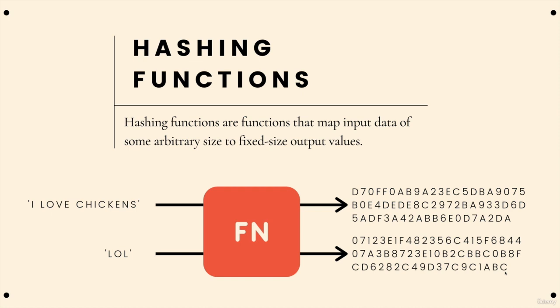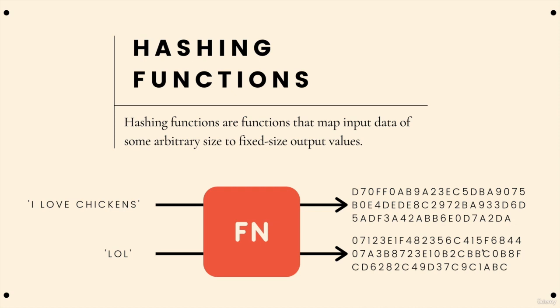It doesn't have to be hexadecimal. Any number can be turned from hexadecimal to decimal or to binary, right? Numbers are numbers. This is just one way of representing them. They would be a little bit longer if this was a decimal number. Anyway, it's a fixed size. So the input here is a sentence. The input here is 3 characters. The input could be a file potentially, or it could be a single number.